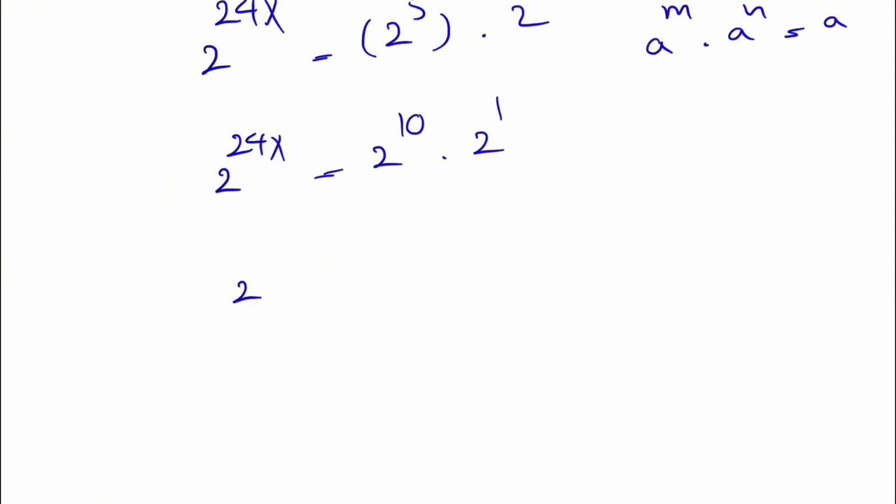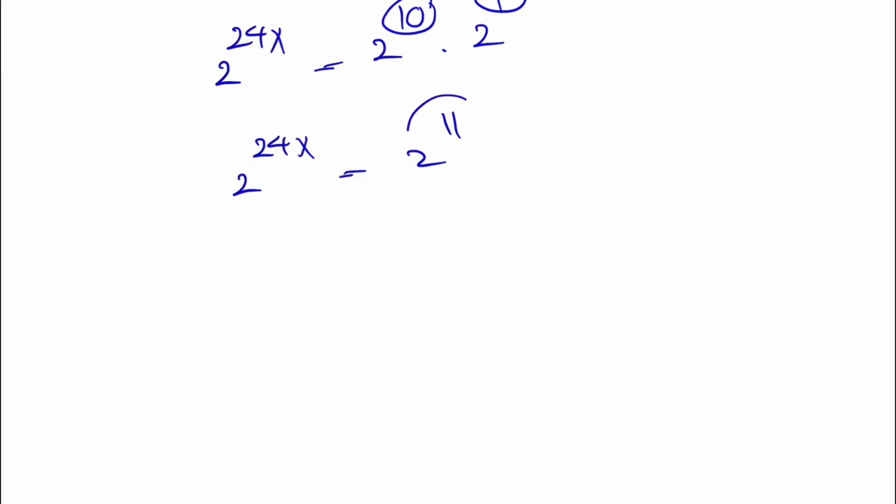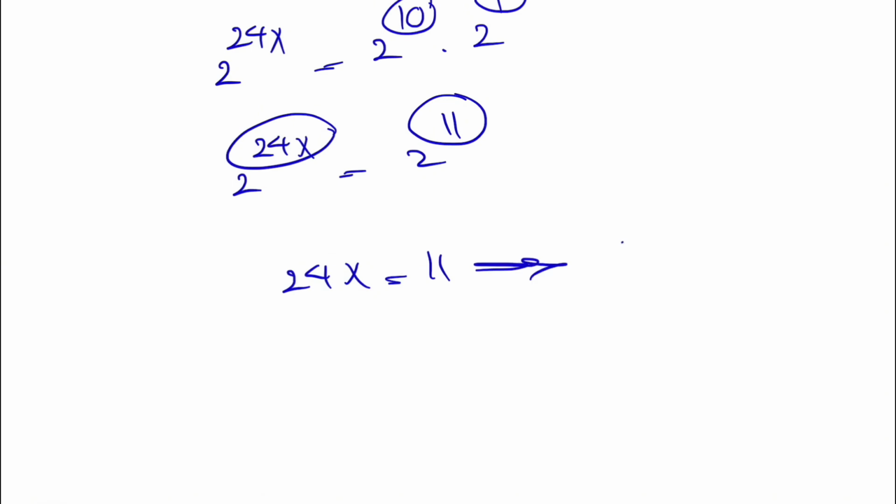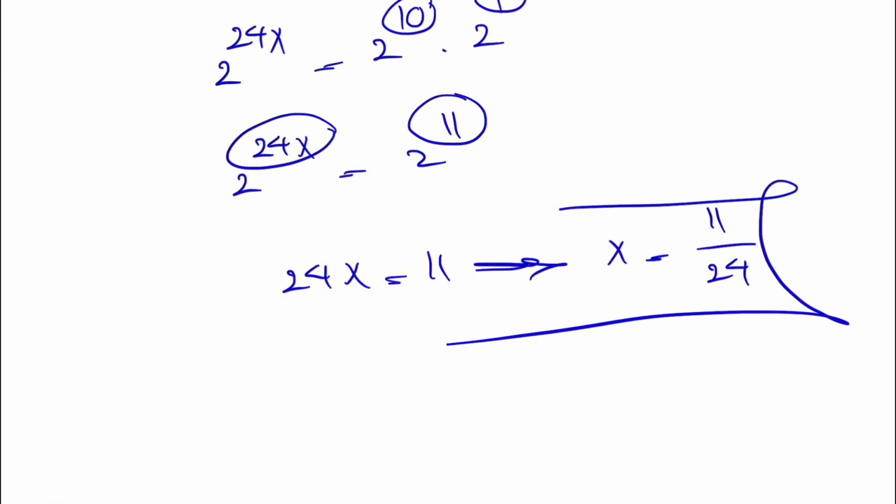So 2 to the 24x will be equal to, this is our m, this will be our n, so 2 to the 11, and all we need to do in here is just to have 24x is equal to 11, and our x would be simply 11 over 24, which is the final answer for this question.